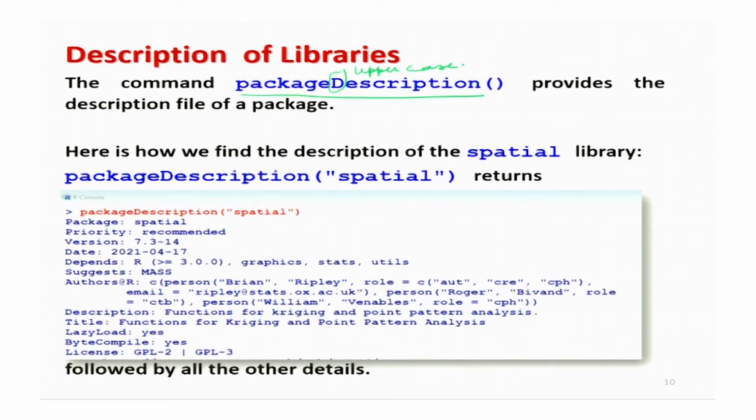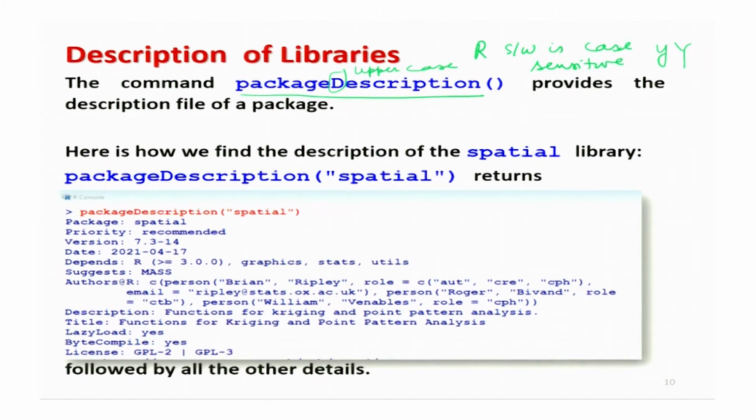I would try to explain in more detail also that R software is case sensitive, meaning R programming is case sensitive. That means small y and capital Y are different.